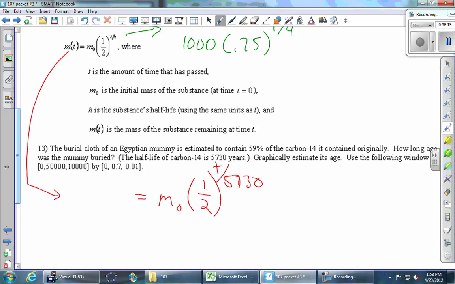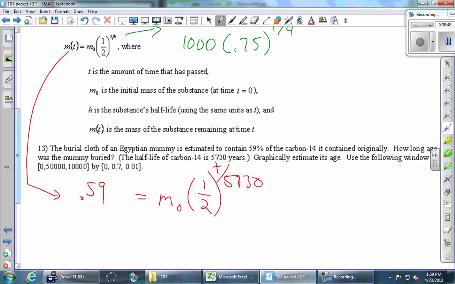The left-hand side represents how much carbon-14 is still there today. Now again, I don't know how much it is, but I know it's 59% of what it used to be. So I'd really like to put 59% of what it used to be here. How do I write that symbolically? First, how do you write 59% in an equation? 0.59. Okay, so we hardly ever write 59% as 59.